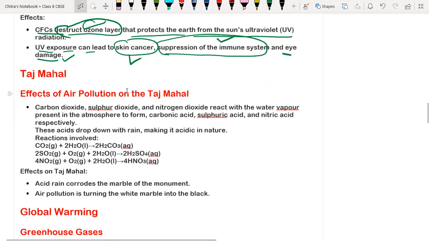Now, how does air pollution affect the various sculptures and monuments of India and all over the world also? So first we will discuss the Taj Mahal. The effect of air pollution on the Taj Mahal is really surprising.